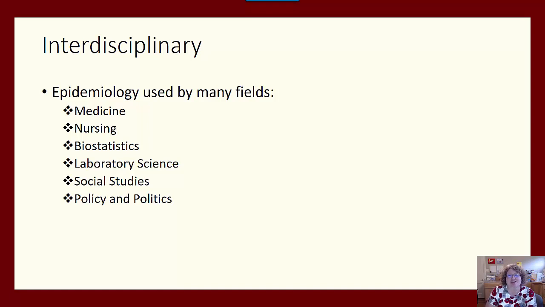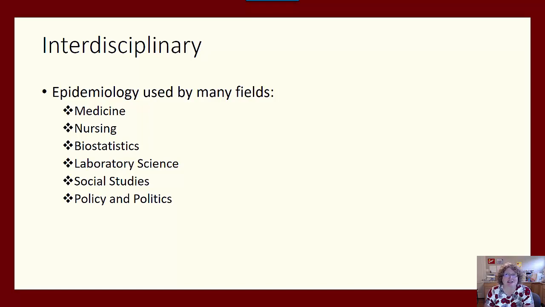Laboratory science uses epidemiology in order to test and examine for certain illnesses or disease processes. Social studies will use epidemiology to show how different practices and cultural beliefs and other life ways can impact disease. Policy and politics use epidemiology.